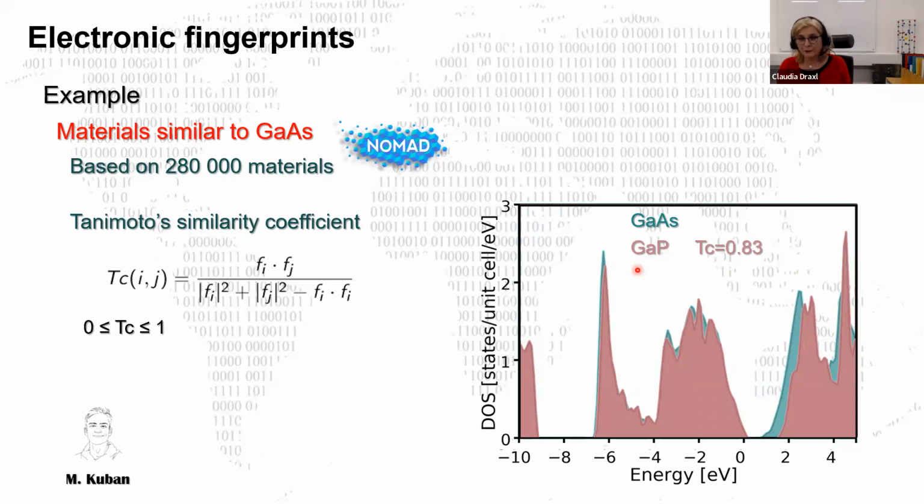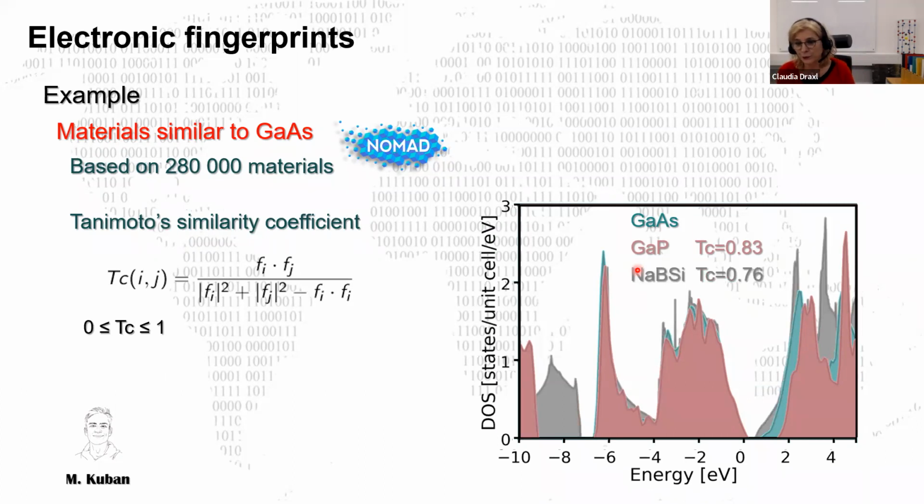If you're a semiconductor physicist, you could say, of course, I know this, this was to be expected. But maybe you would not have expected that this other material also has a very high similarity coefficient and basically shares the valence band structure, not in the very low end and not in the conduction band region, but in this region they're actually very similar to each other. I think this would be nice because gallium arsenide we probably don't need to replace, but think about solar cell materials.